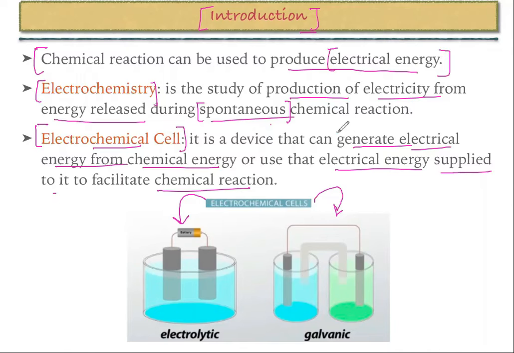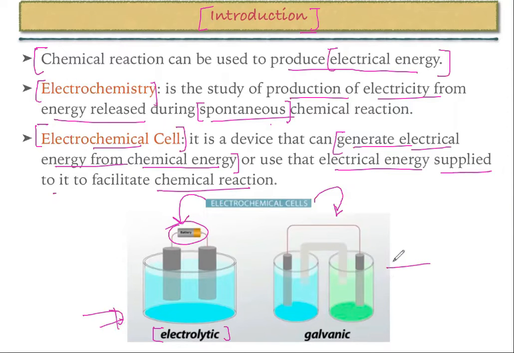So the first point is to generate electricity from chemical energy. Now, in the electrolytic cell, what happens? It uses the electrical energy supplied to facilitate chemical reactions. In this device, chemicals are there, two electrodes are dipped into the chemicals, and a battery or external power is supplied so that this power carries out the chemical reaction in the electrolytic cell.